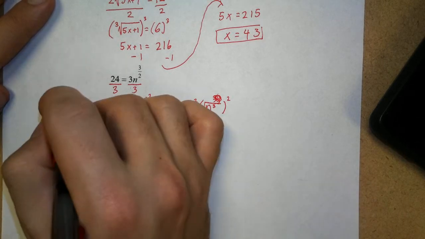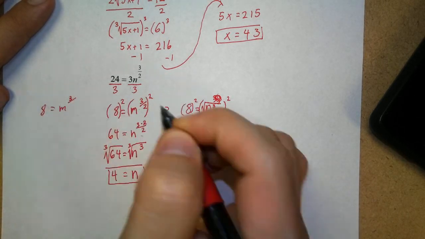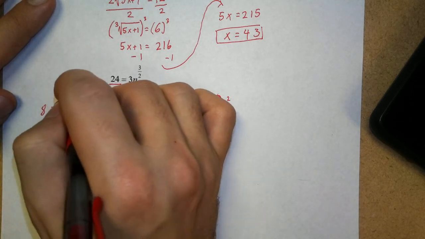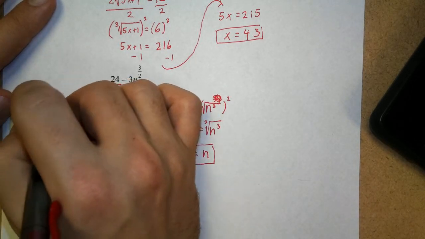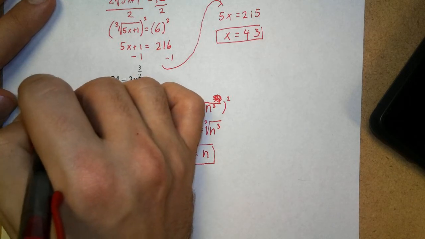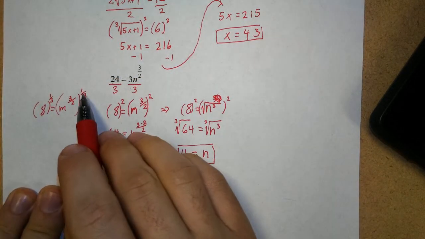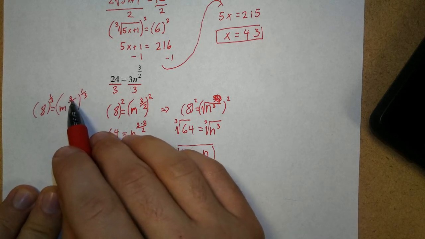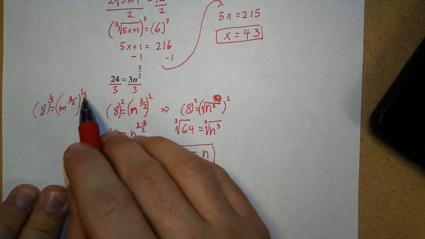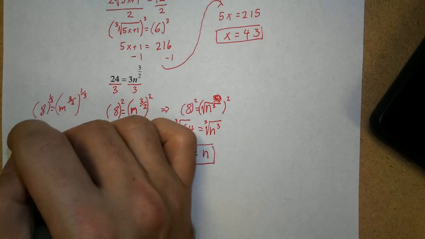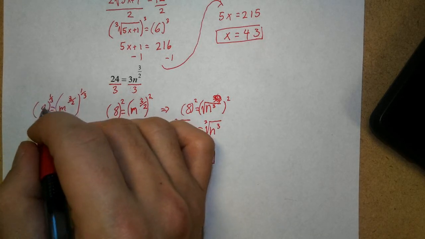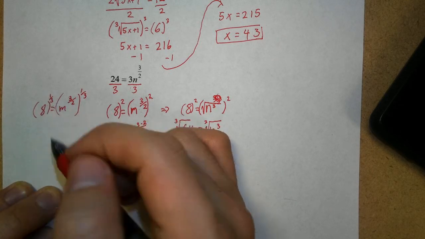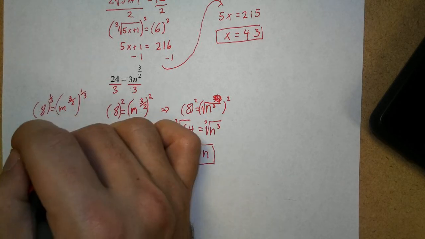So we could raise both sides to the power of 1/3. And again, the reason why we would do this is because this 1/3 fraction would multiply with our 3/2 fraction. And then these 3's could cancel out. So on the left side we would have 8 to the power of 1/3, or the cube root of 8, which is just going to be 2.